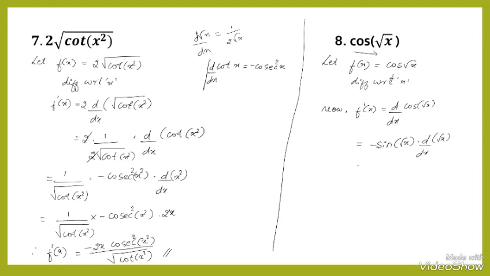Again, minus sine of root x. Differentiation of root x will be 1 divided by 2 into root x. Therefore, f dash of x is equal to minus sine of root x divided by 2 into root x. This is the solution of the given function.